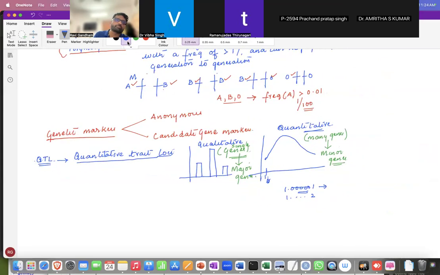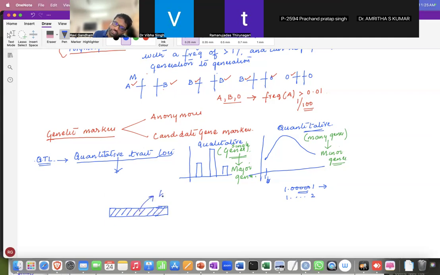With this kind of background, now that you know what a quantitative trait is, we'll define what quantitative trait loci is. Quantitative trait loci is nothing but a segment on the chromosome, because you do not know how many genes would define a quantitative trait. So how are you going to tell them?